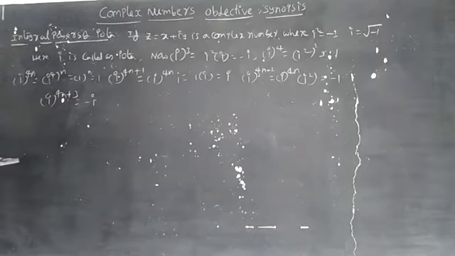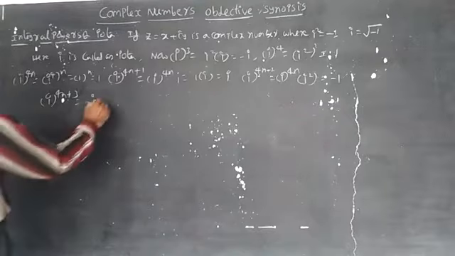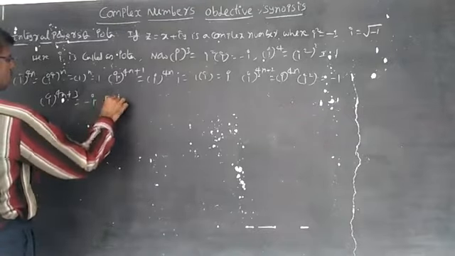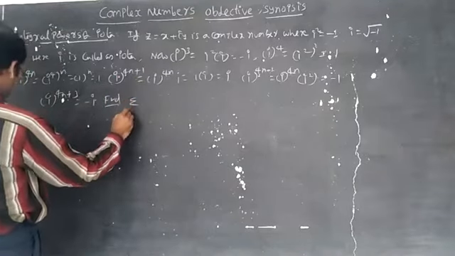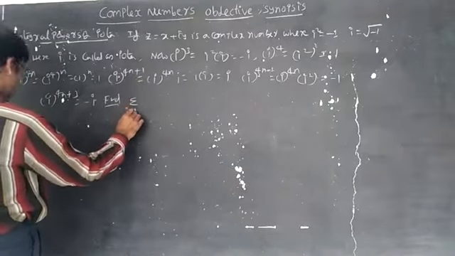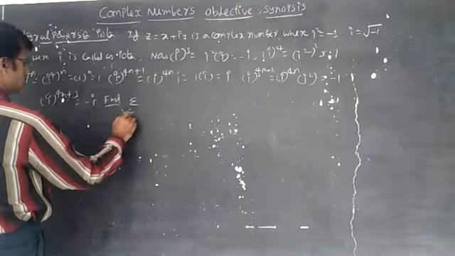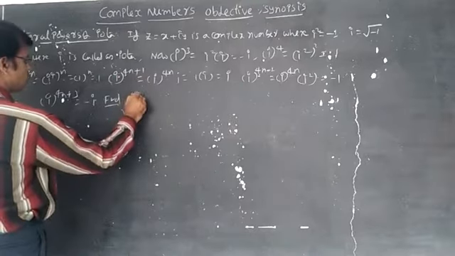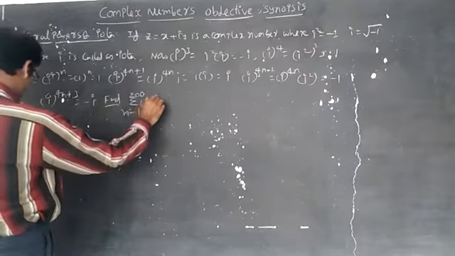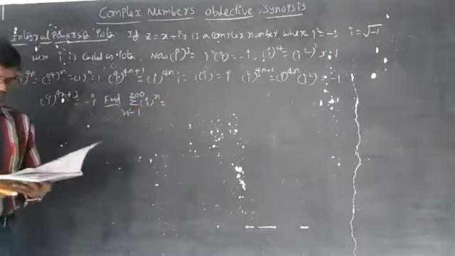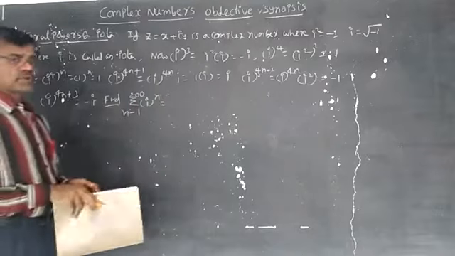Now let us consider the worked example given. Find sigma n is equal to 1 to 200 i power n.